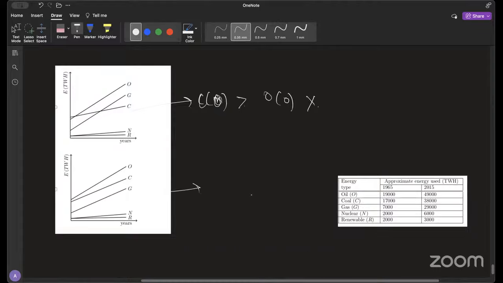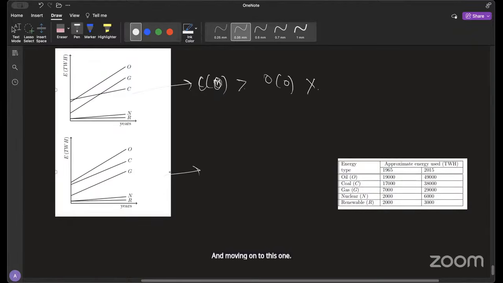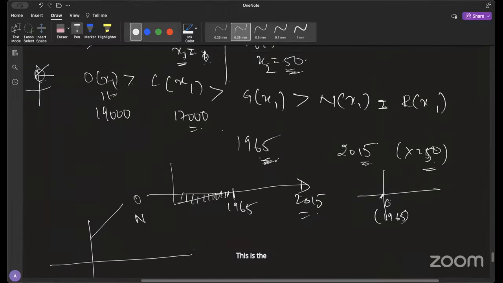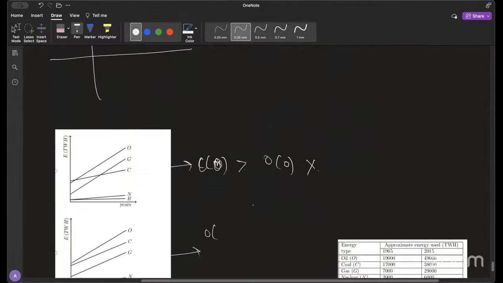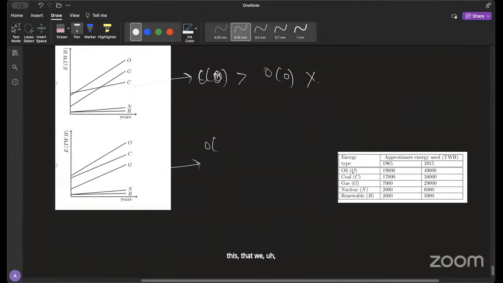Then moving on to this one, you can just try and test it. The initial values are aligned here. This is the equation that the initial values need to follow, right? Initially the value of oil is the highest, then coal, then gas, then natural, then nuclear, and then renewable.